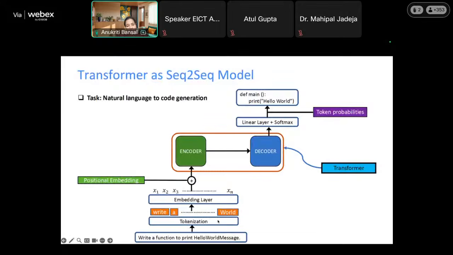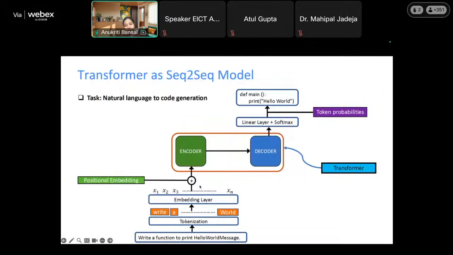So first is tokenization, and then I will represent each of these tokens as a vector using some embedding layer. So x1 represents a vector for write, x2 is the vector representation for a, and so on and so forth.